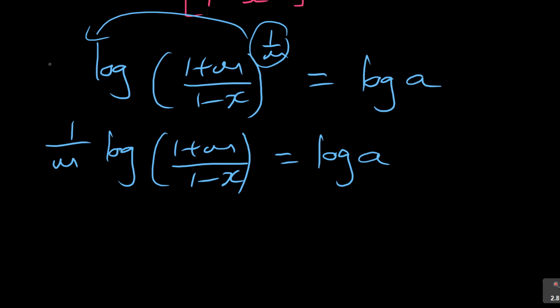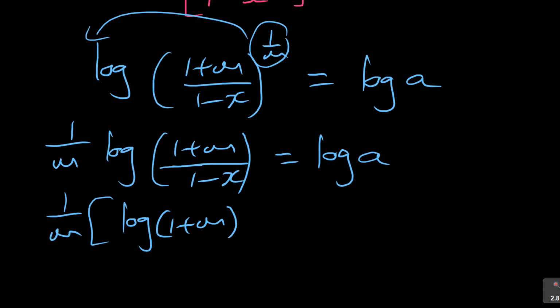We're trying to separate m there. At this stage, I'll say 1 over m, and then put this division here is same as saying log bracket 1 plus m minus log what? Log bracket 1 minus x.